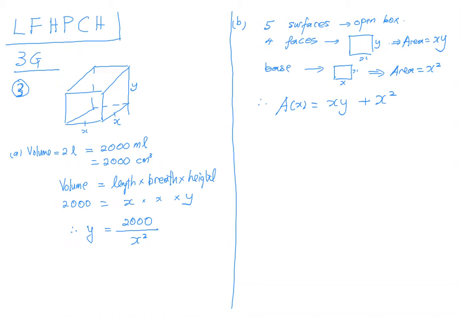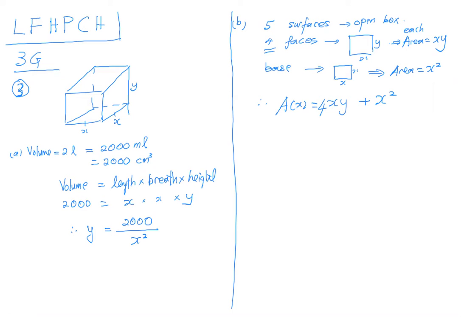Hello, am I doing the right thing? Is it 4xy? Yes, thank you. I'm waiting for you to correct me. 4xy plus x squared, because there are 4 of them, and each is this.